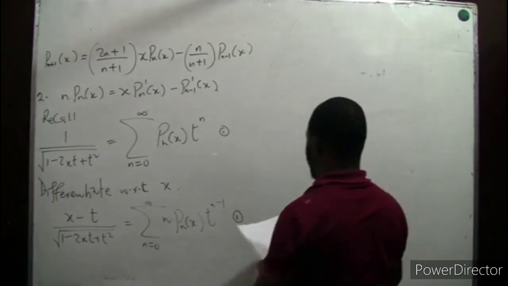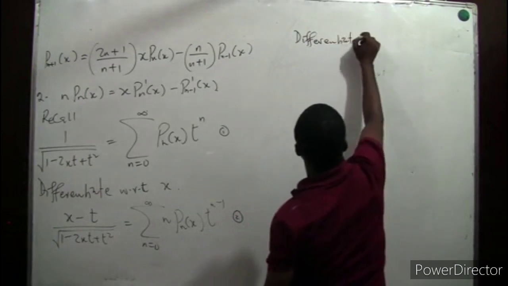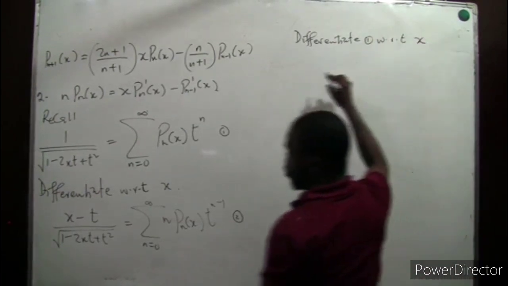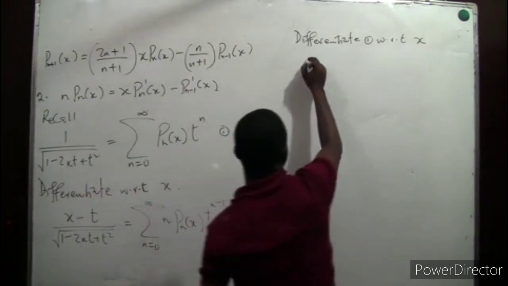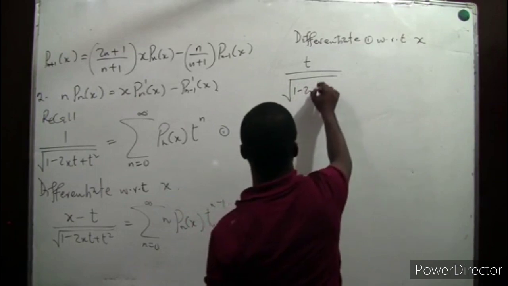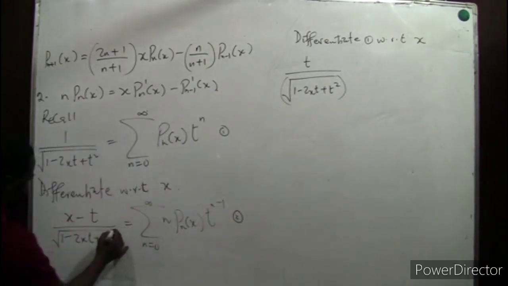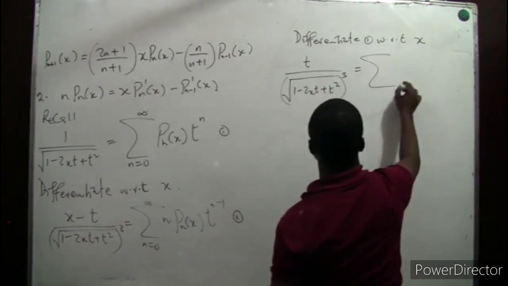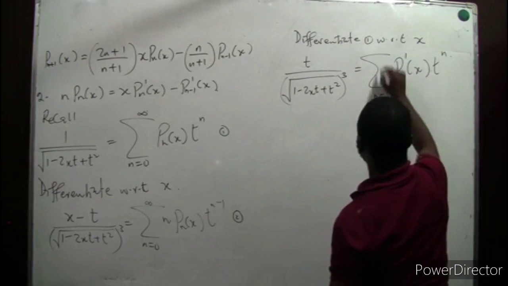If I differentiate 1 with respect to x, we obtain t divided by the square root of 1 minus 2xt plus t squared raised to power 3 equals the summation of Pn prime of x t raised to power n from 0 to infinity.